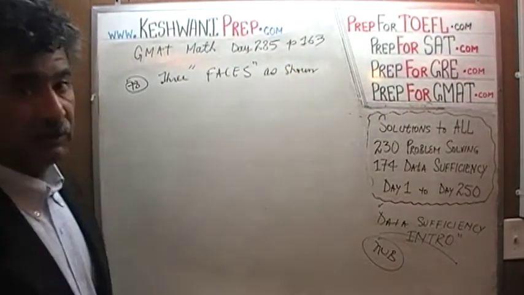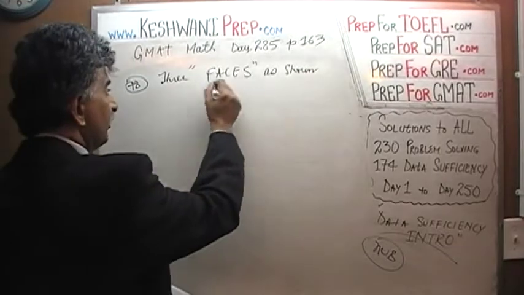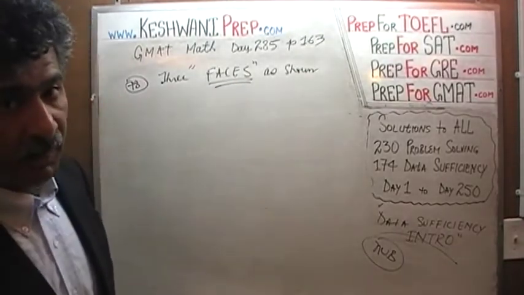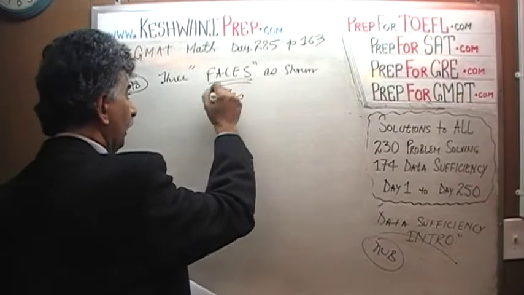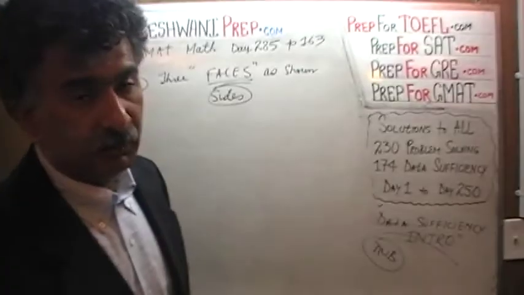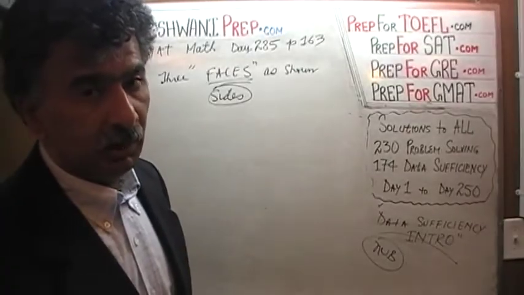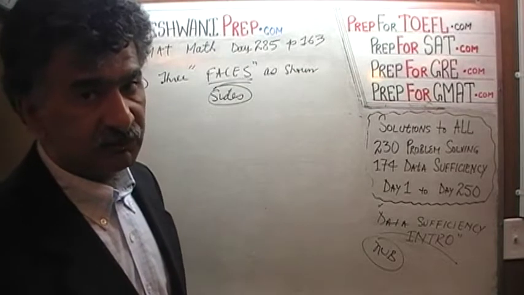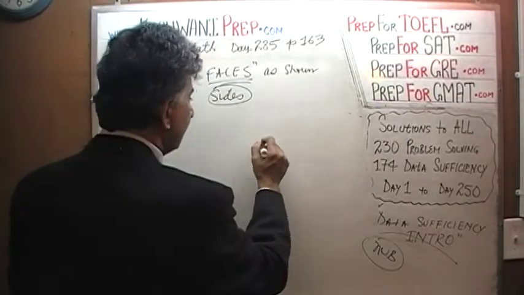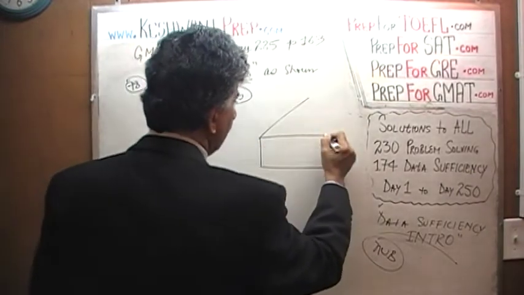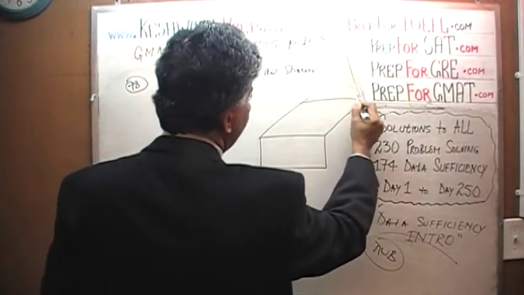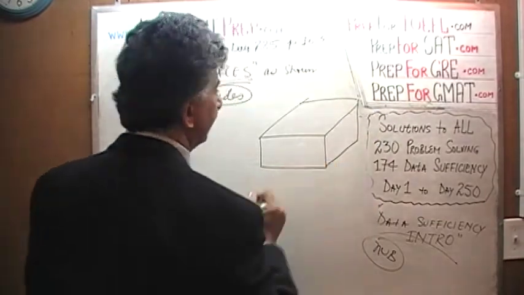Now, the reason I'm making such a big fuss about the faces part is because in the problem they do not use the word faces, they call them sides. I want you to know that a pure mathematician will have a fit. These are not called sides. What they're showing you here are not sides, these are called faces. This is one face. On the top here is another face, and here's another face.